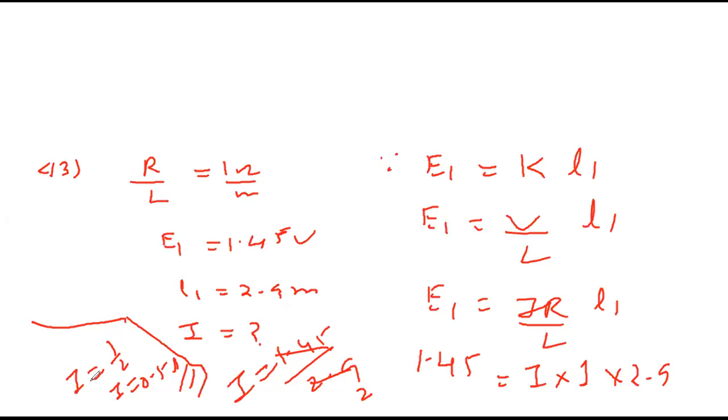Done, sir. The 44th is an important one. EMF and internal resistance of cell are 1.1 and 0.5 respectively.